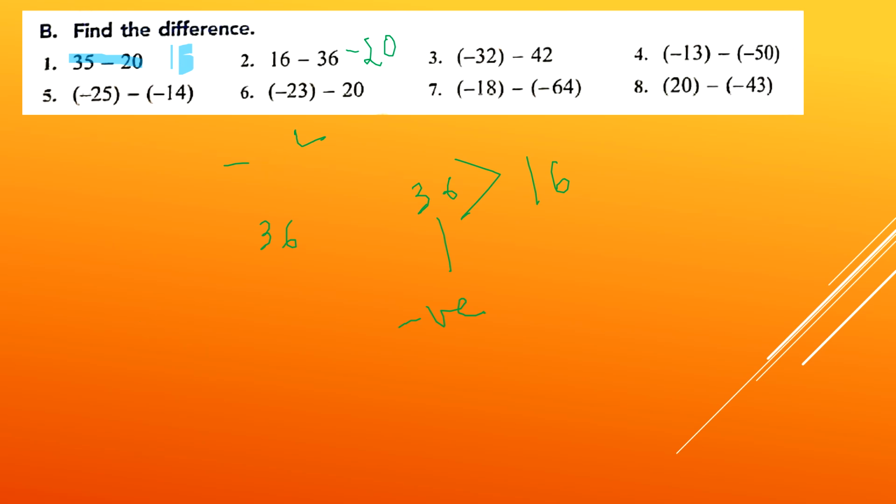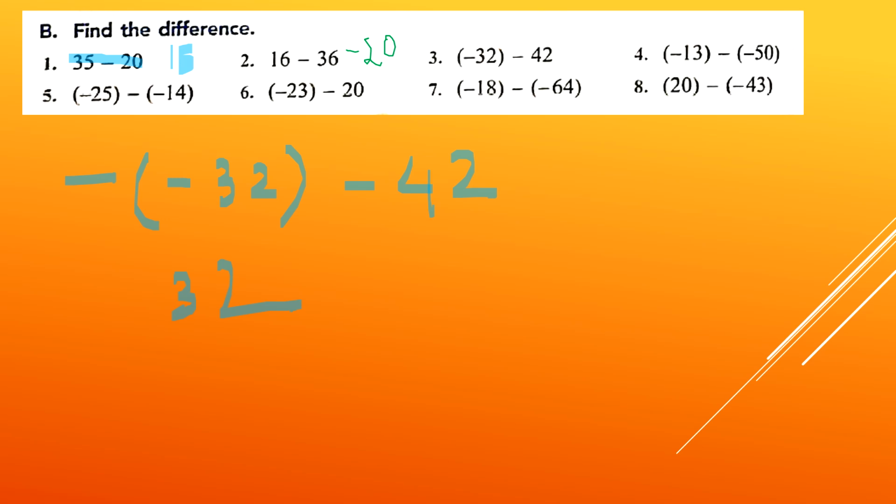Now look at the next one. The next one is minus 32 minus 42. So minus 32 is in the bracket. Remember, if the first number is having a bracket, like in this case minus 32, but there is no sign in front of it. Had there been a sign here and you removed the bracket, it would come out as 32.